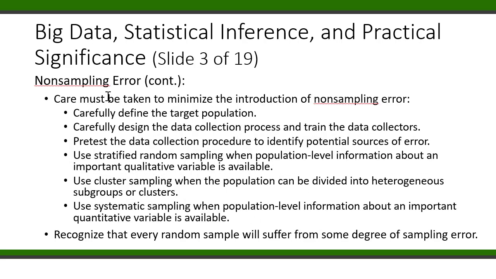So how do you avoid non-sampling errors? First of all, you need to really define your target population, right? Then design the data collection process, and then train the data collectors on how to collect the data so that it'll be the same every time that you're taking a sample. Sometimes you may want to pre-test the data collection to identify potential sources of error.